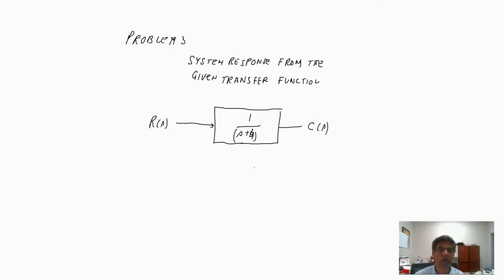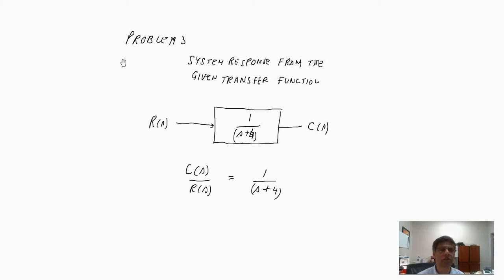Well, first of all, we know that the transfer function is C of s over R of s, so output over input, is equal to 1 over s plus 4. Now, you'll say, hey, how do we find the system response?